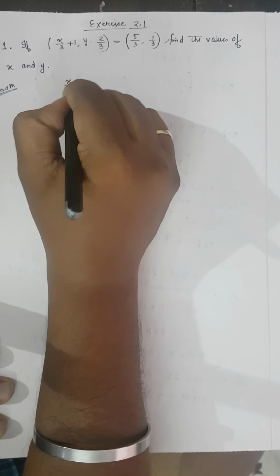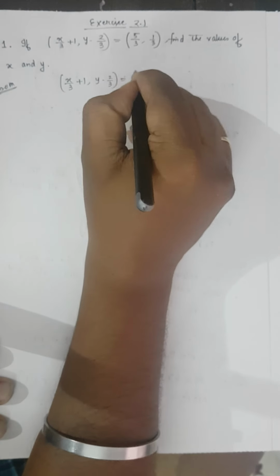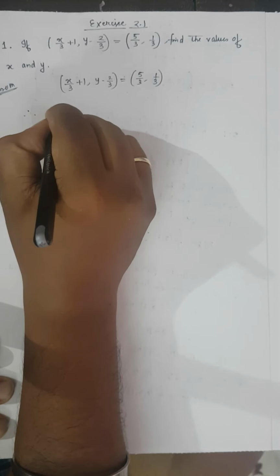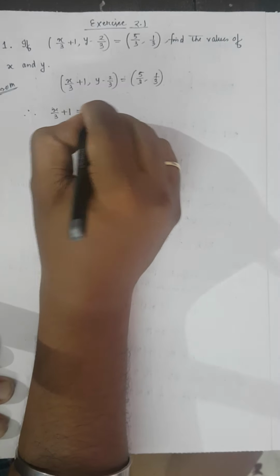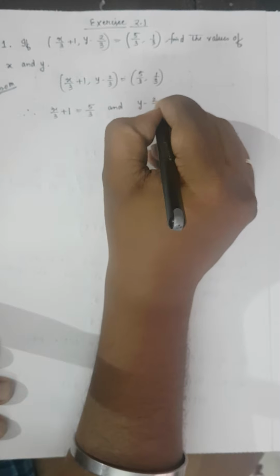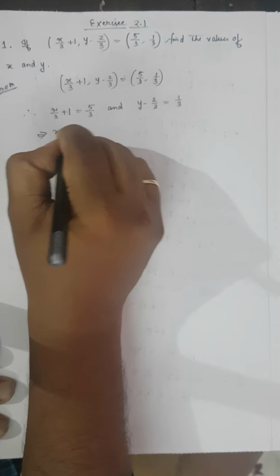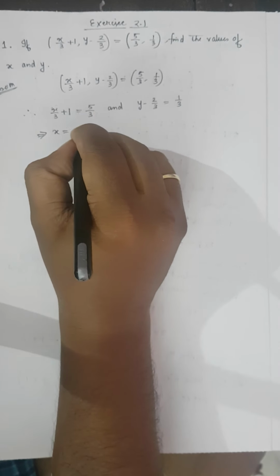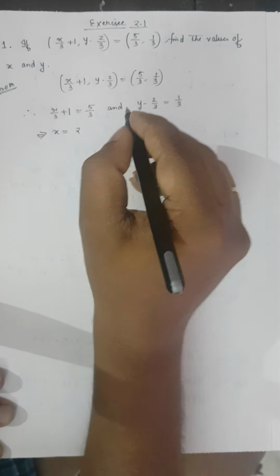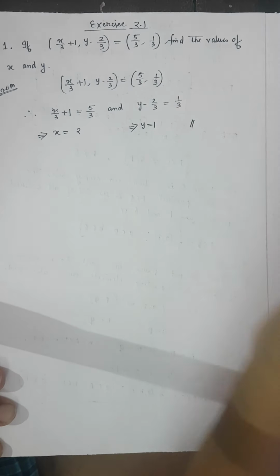So (x/3 + 1, y - 2/3) is equal to (5/3, 1/3) if and only if x/3 + 1 is equal to 5/3 and y - 2/3 is equal to 1/3. After calculation I'll get x equal to 2 and y is equal to 1. This is the solution.